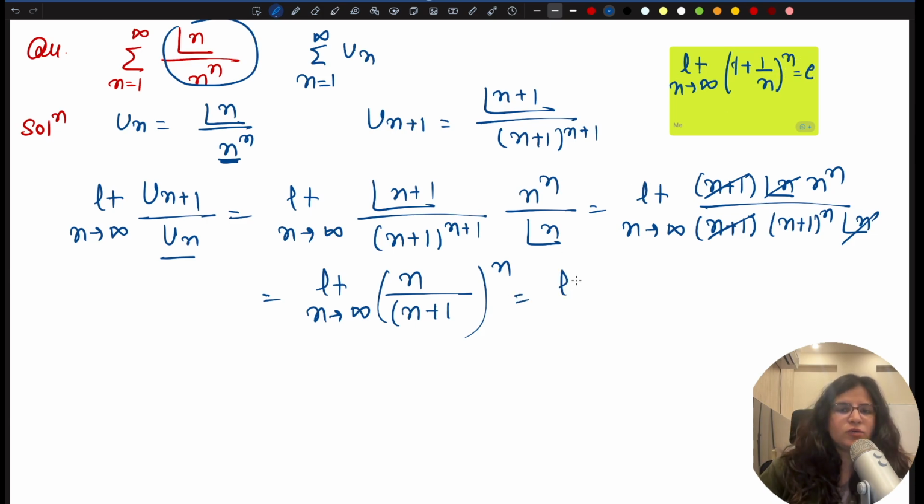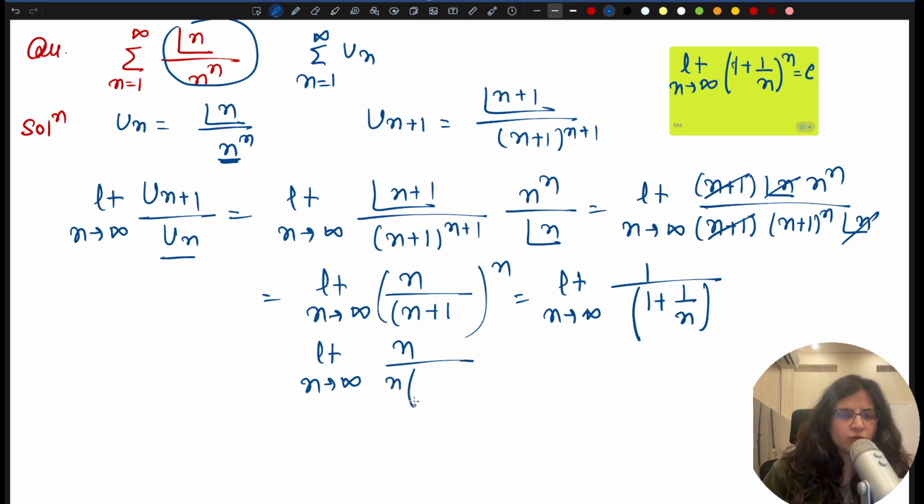So isn't it equal to limit n tends to infinite 1 by, I can write it as 1 plus 1 by n. You will take n common here, isn't it? Limit n tends to infinite n by, if I take n common now, 1 plus 1 by n to the power n it is. n से n got cancelled out. So this is 1 by 1 plus 1 by n to the power n. And it is, isn't it, 1 by e?